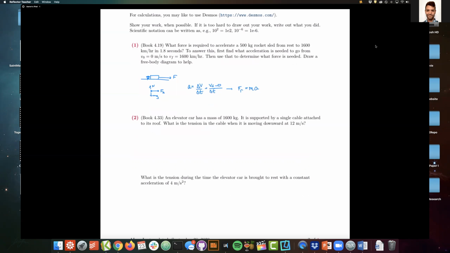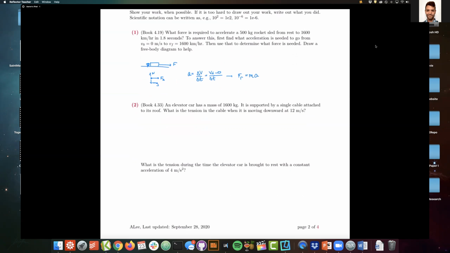An elevator car has a mass of blah. It's supported by a single cable. What is the tension in the cable when it's moving downward at 12 meters per second? So again, I draw my system. Identify any contact forces.